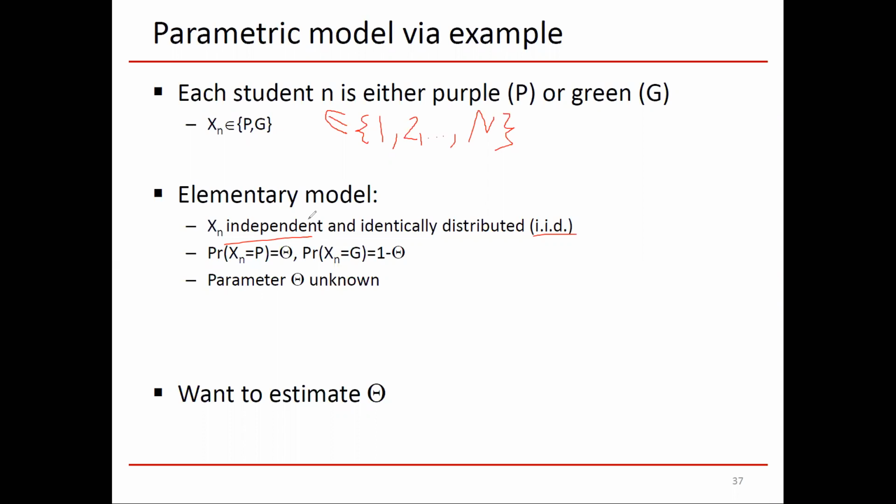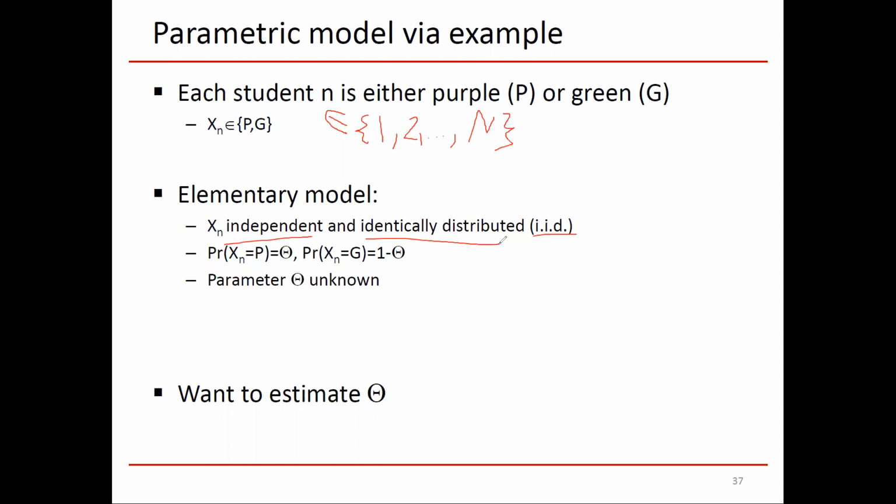And our life experience tells us that if we flip a coin twice, unless we have a very, very special flipping style or we're cheating or something, there's no reason to believe that there's any dependence between these coin tosses. The second part is identically distributed. So if it's a 30-70 coin or 30% purple, 30% green, those probabilities will be in place for x1, for x2, all the way up to xn. Every single student is going to have the same distribution.